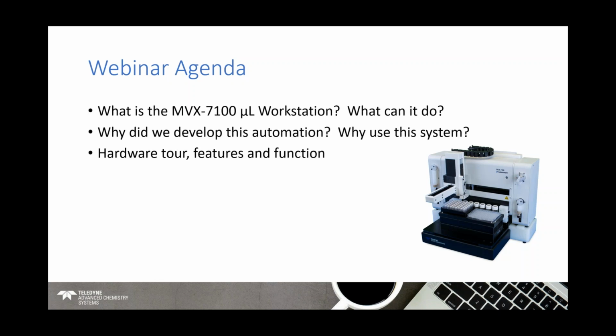Then I'll go into a hardware tour just to take you through the key components, features and function. Beyond that, I'll go into a description of generating data from a limited amount of sample volume and what that might mean.